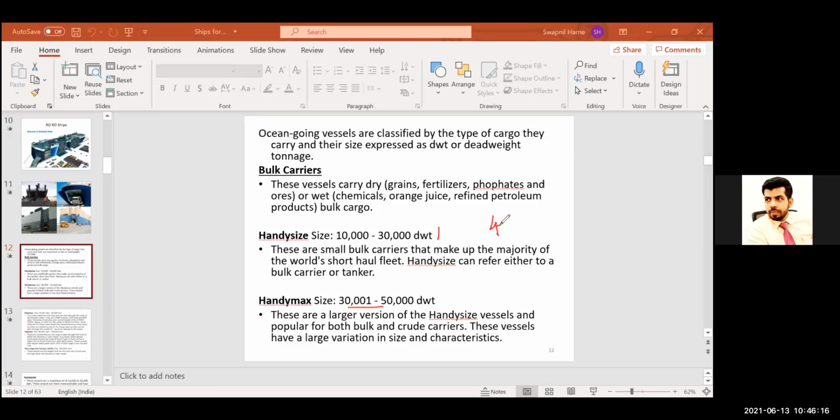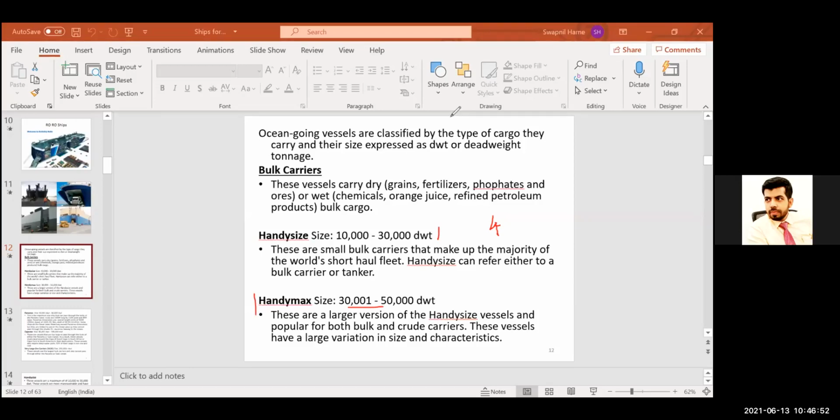Due to their comparatively lesser drafts, let's say 12-13 meters of draft, they can go to various ports. They don't require any external resources to load or unload the cargo. They can use their own ship's cranes. Just now I showed you one ship fitted with cranes. So this kind of vessel comes under handymax.